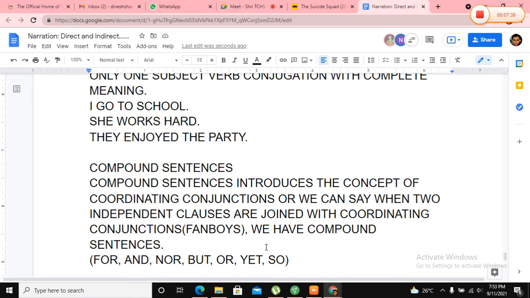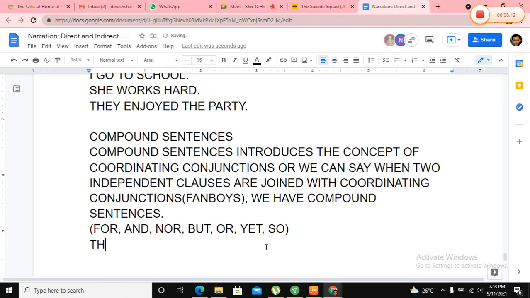It means you will have two subject-verb conjugations, and both are independent of each other and can produce independent meaning. No clause is dependent on any other.